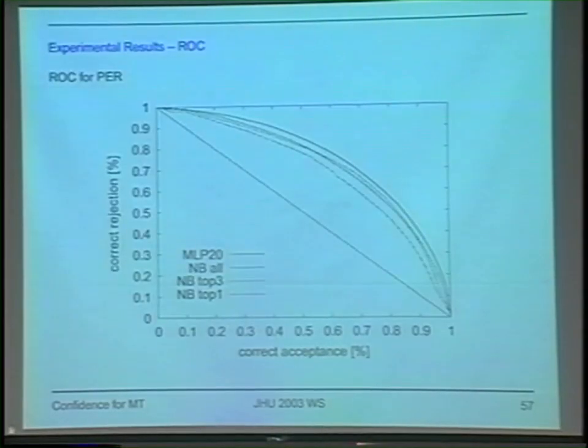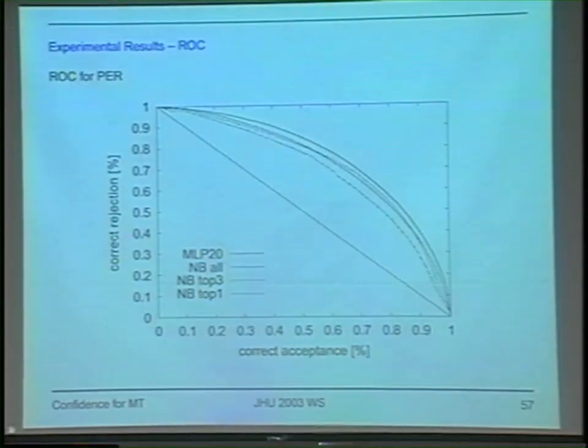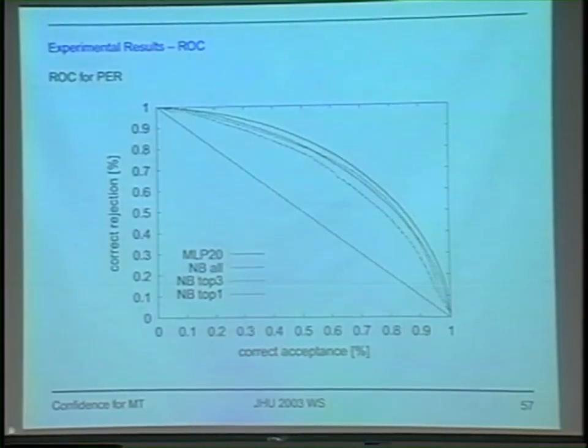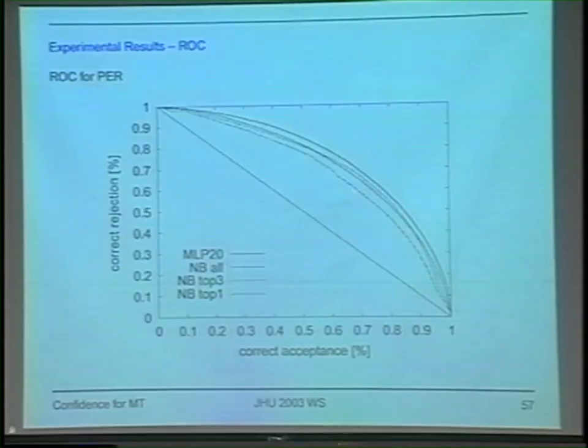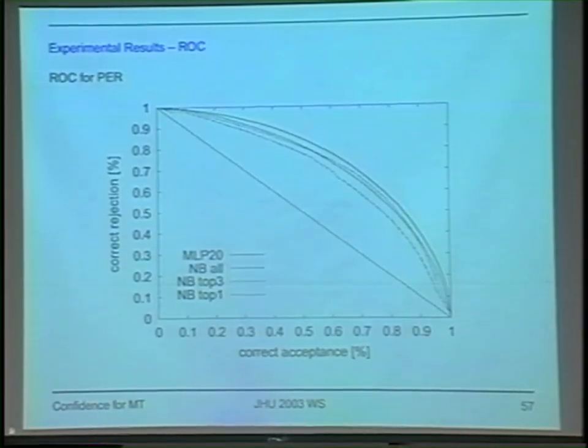So we also see the same behavior if we plot the ROC curve. This is the ROC curve for the position-independent error rate. So what we plot here is correct rejection against correct acceptance. And this down here is the performance of the single best feature using the naive Bayes model.